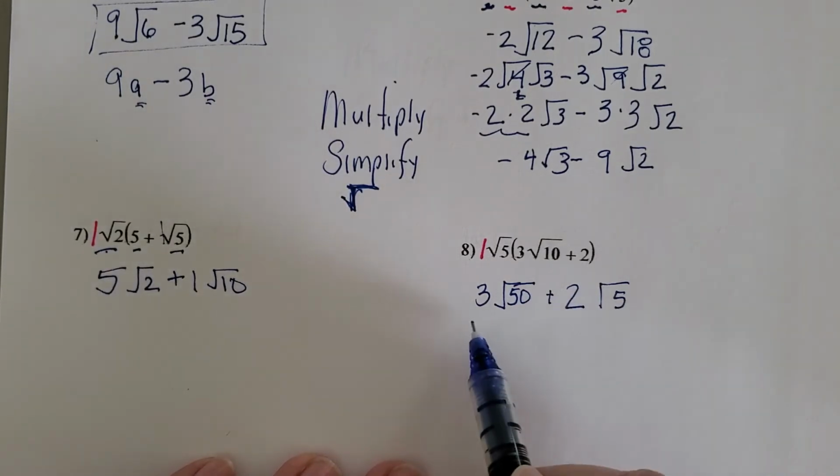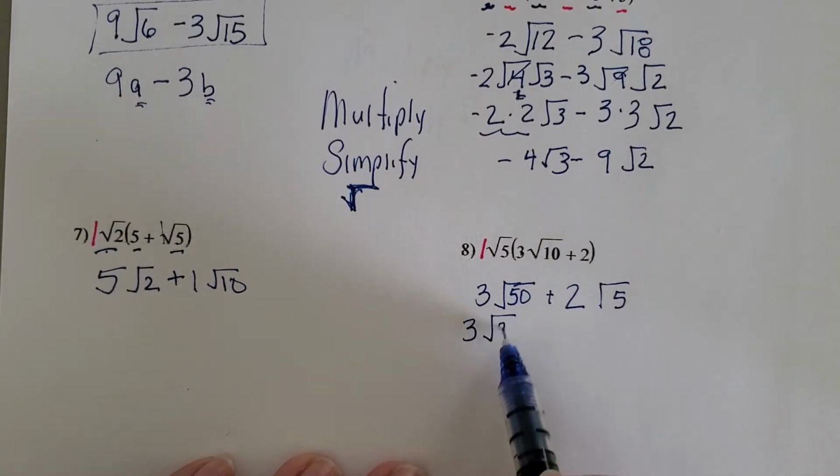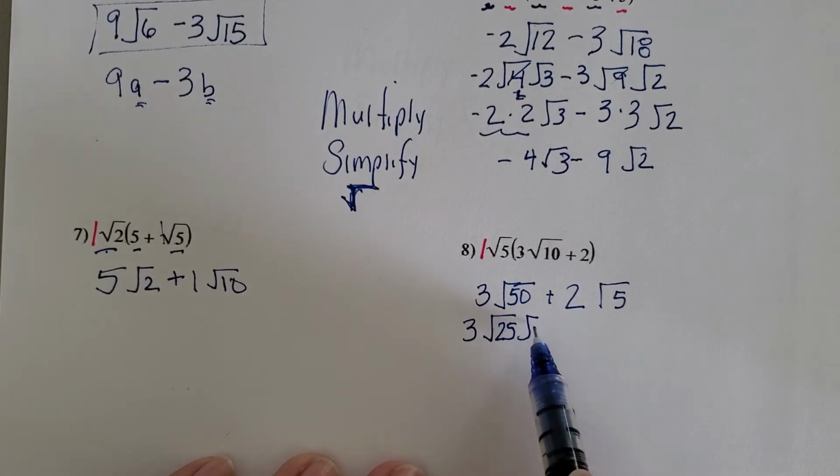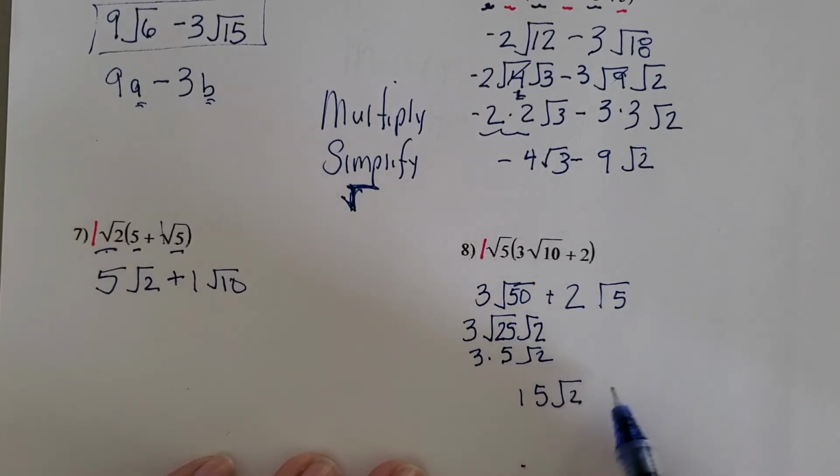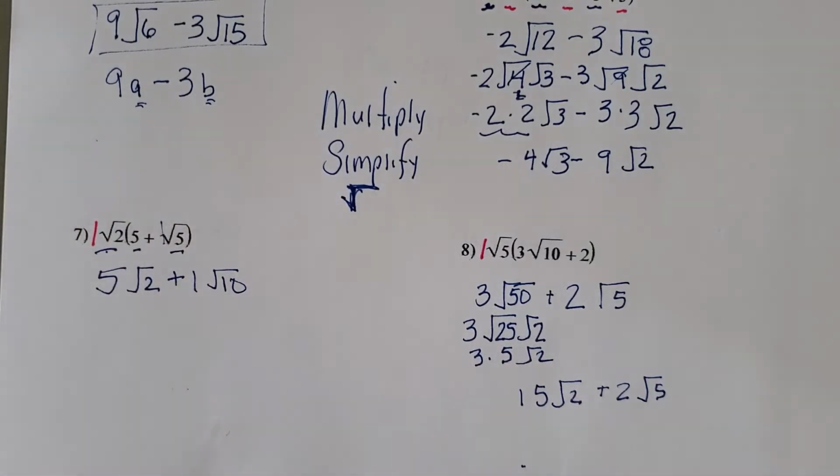We can factor that to the perfect square of 25 times 2. So this would give us 3 times 5 radical 2, or 15 radical 2. And over here we have 2 radical 5. Radicals aren't the same, we can't add them, and we've simplified both those radicals. Okay.